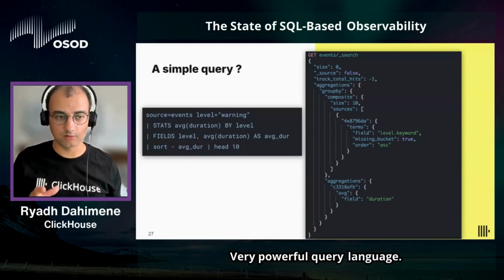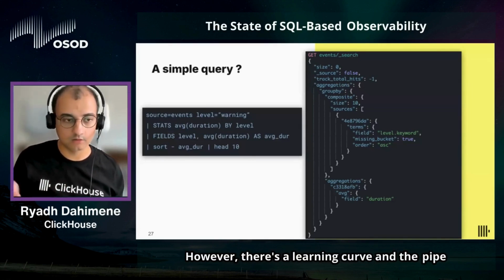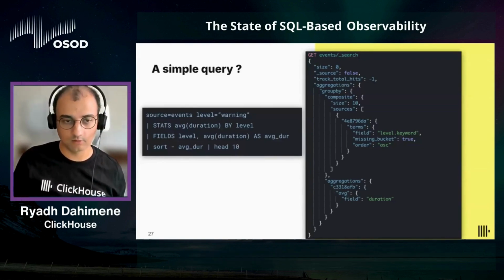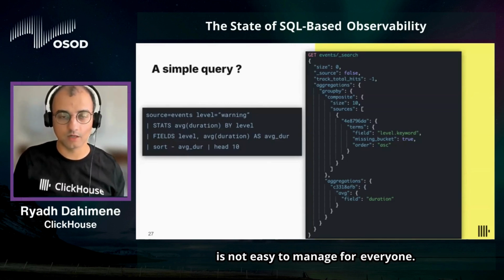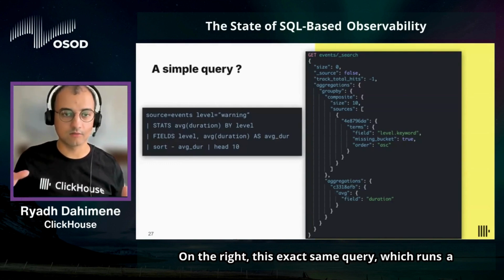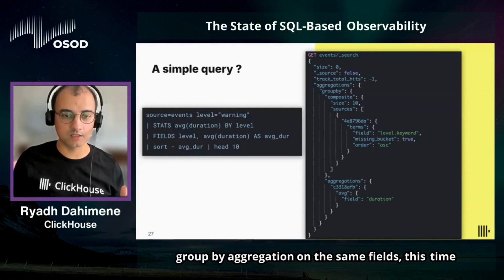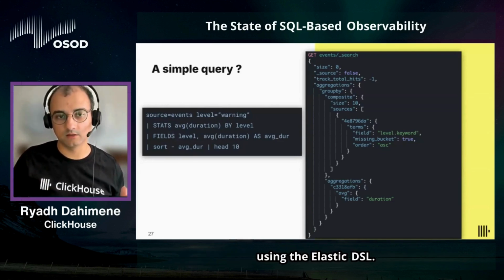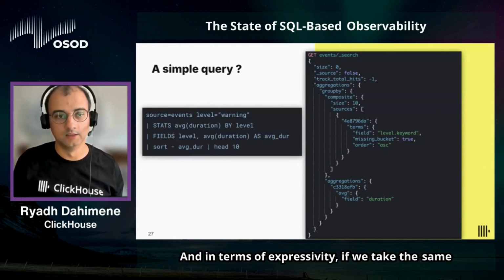Very powerful query language. However, there's a learning curve and the pipe orientation of it is not easy to manage for everyone. On the right, this exact same query, which runs a group by aggregation on the same fields, this time using the Elastic DSL.